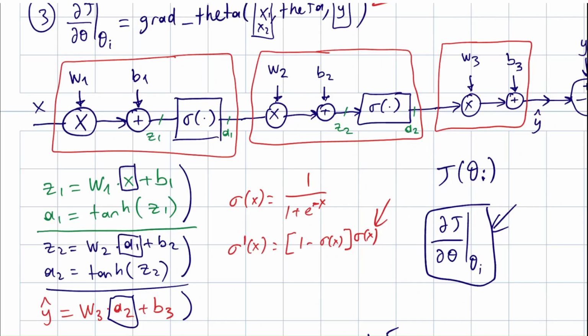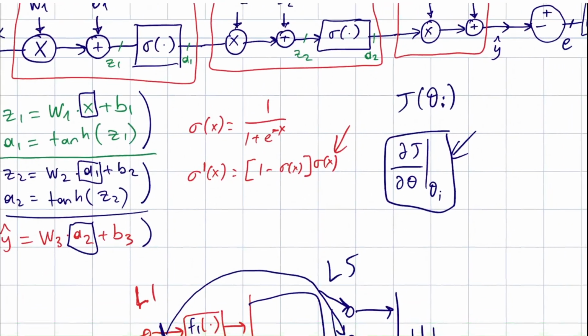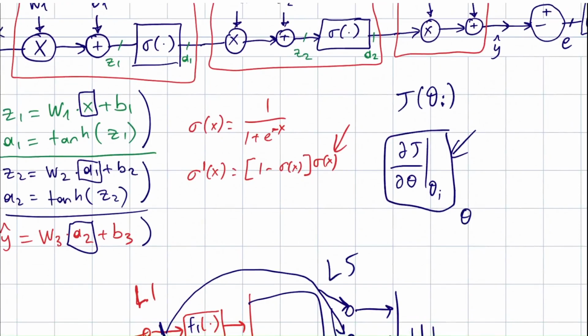By using the targets and y estimate values you obtain the cost, using the mean square error formula. We have 25 parameters to tune: theta 1, theta 2, up to theta 25.